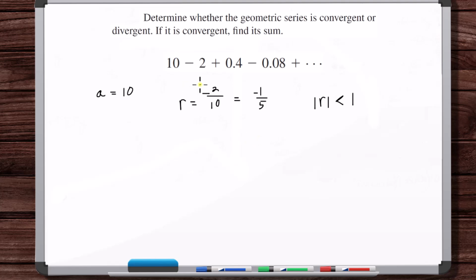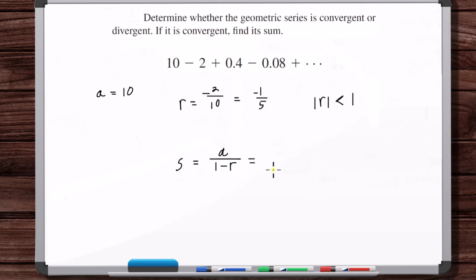If they're telling us it's a geometric sequence, we don't need to check. If we know we have a geometric sequence and the absolute value of the common ratio is less than 1, it converges. And the infinite sum, the sum of the infinite number of terms of this sequence, is going to be equal to an actual value.